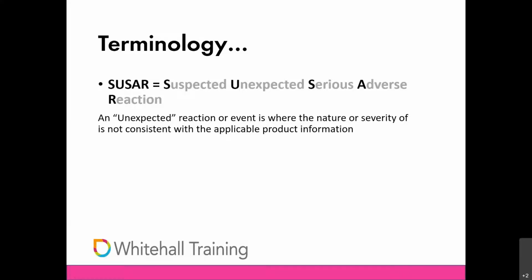Now, the next bit of terminology might surprise some of you. It's EU or EEA. The reason this is important in pharmacovigilance is that quite often we refer to EU legislation, the rules in the EU. When we do that, what we're actually referring to is the European Economic Area, which is slightly wider than the EU.